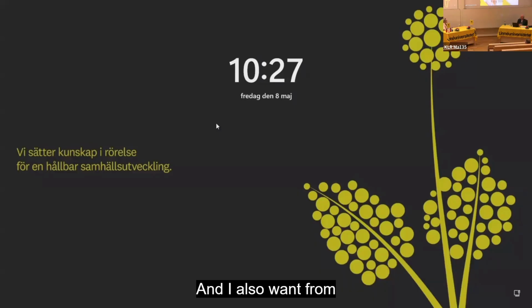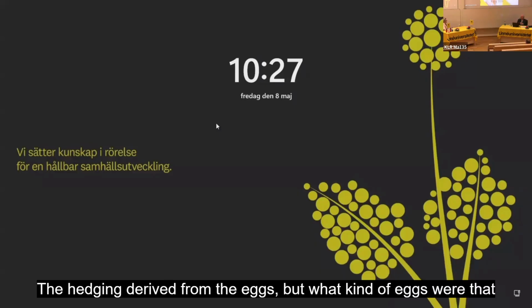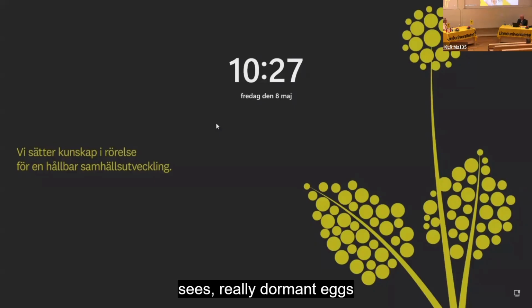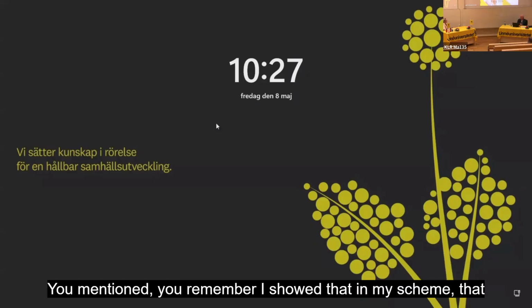And I also wonder about the hatching derived from the eggs, but what kind of eggs were that? Were these really dormant eggs, or were they quiescent eggs?